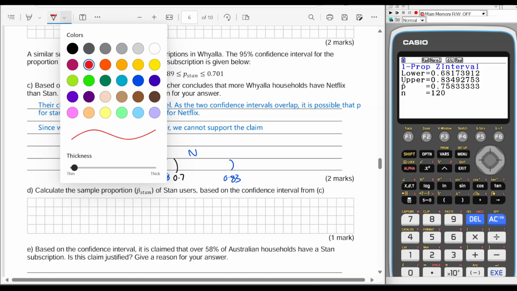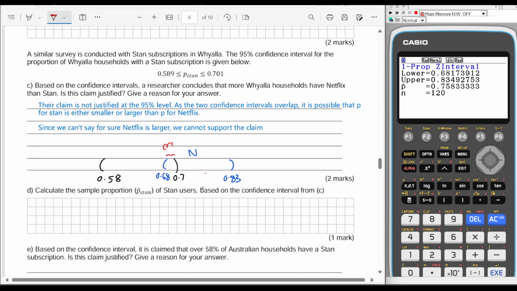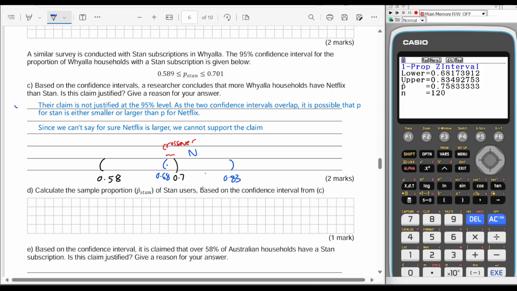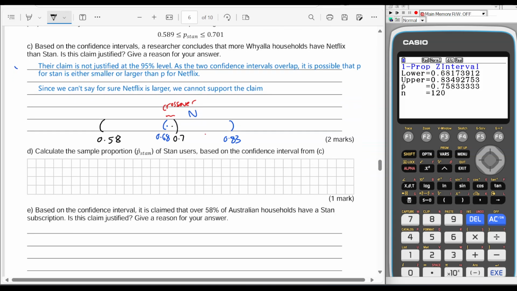You can see that this region here is the crossover. So it could be possible that you have Netflix down there and Stan up there, or you could have them the other way around, so we just can't make that conclusion.